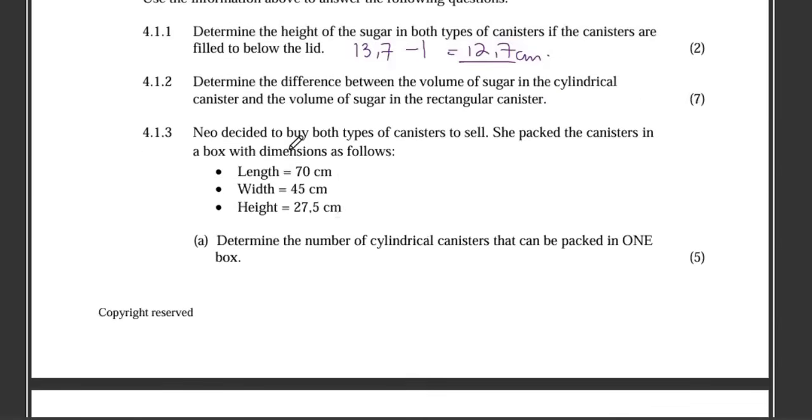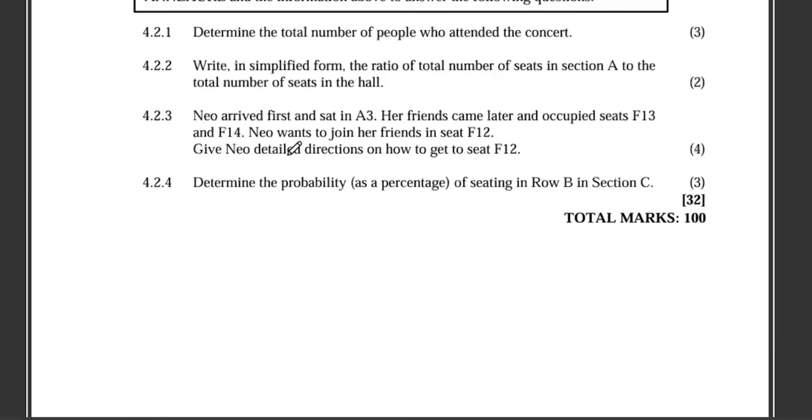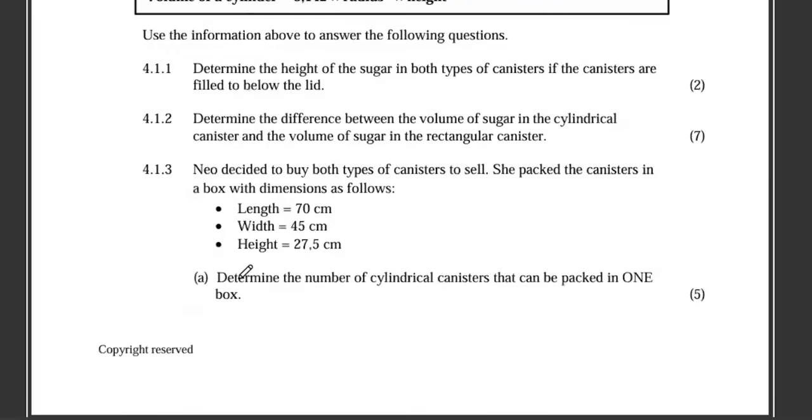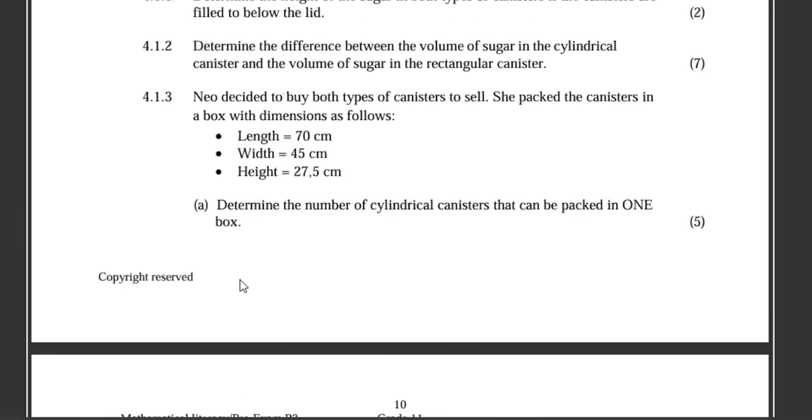Okay. Then they're asking us, determine the difference between the volume of sugar in the cylindrical canister and the volume of sugar in the rectangular canister. Now, this one needs us to have a bit of space here. Let me use this one here. So we are comparing volumes.